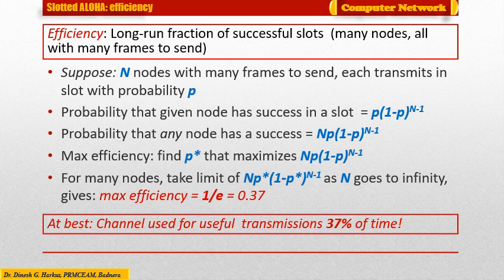Note that if no form of access control were used and each node were to immediately retransmit after each collision, efficiency would be zero. And it is evident that slotted ALOHA clearly increases efficiency beyond zero.